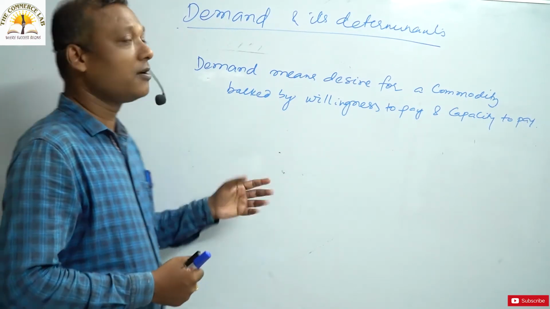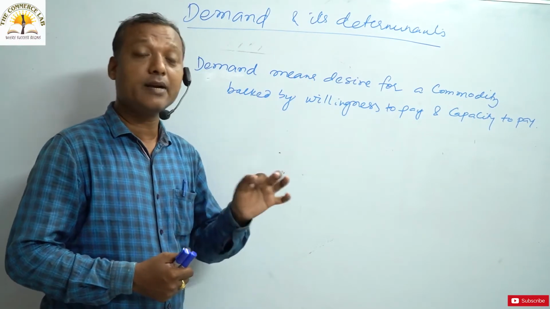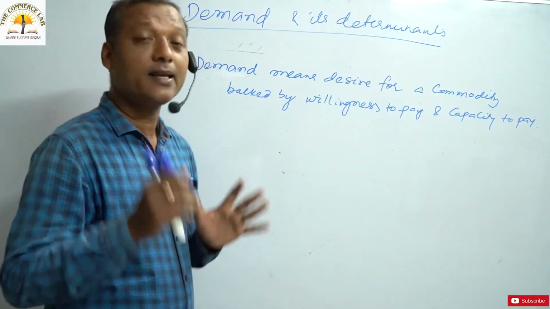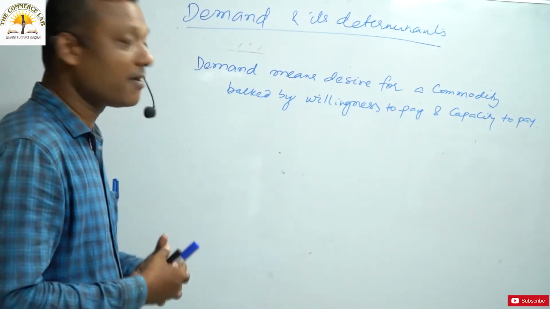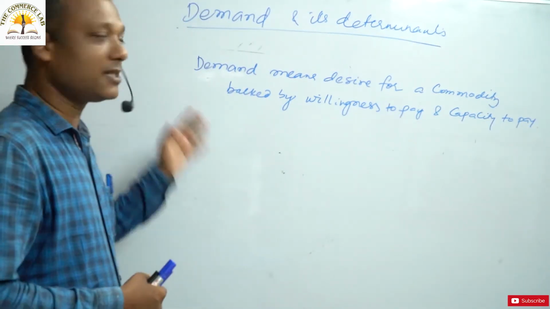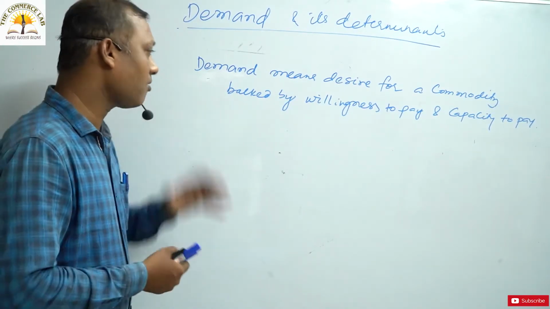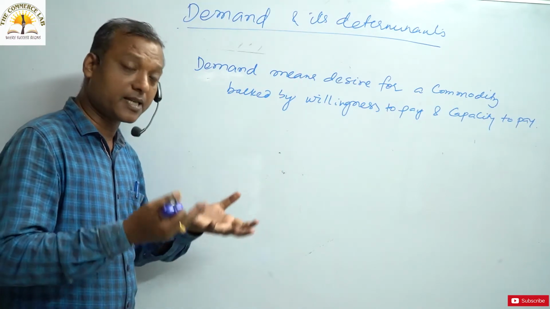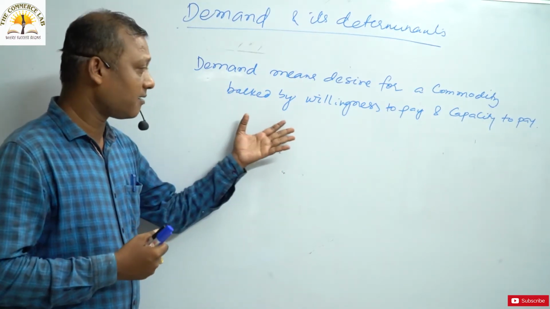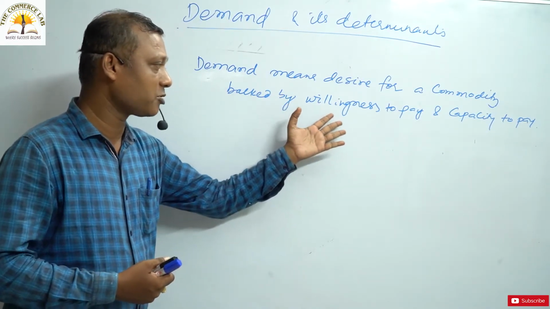The purpose of a consumer is to derive maximum satisfaction. Now we have discussed demand. Demand refers to the quantity purchased by the consumer with the sole indicators being willingness to pay and capacity to pay.